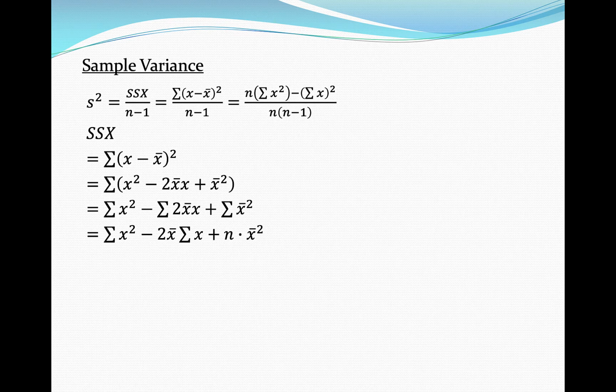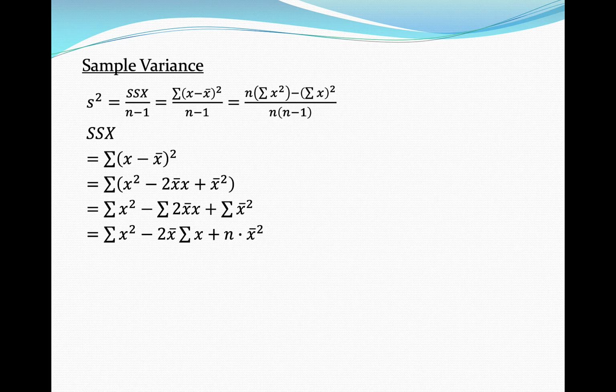Remember that in that second term, you can pull the constants out front of a sum. So we end up with 2 x bar, that's our constant, times the sum of x. In that last term, the only thing we have is an x bar squared. We've already said that x bar is just a constant. And remember our property: when you're summing a constant n times, you just get n times that constant. So that last term works out to be n times x bar squared.